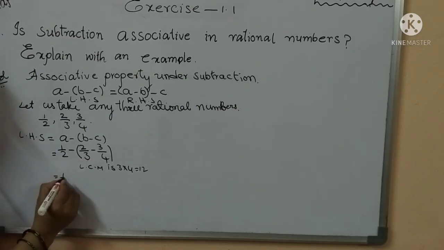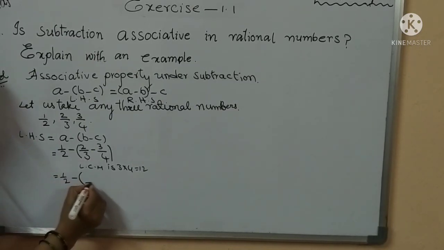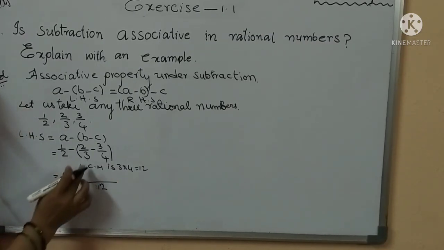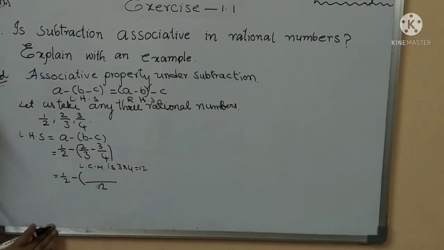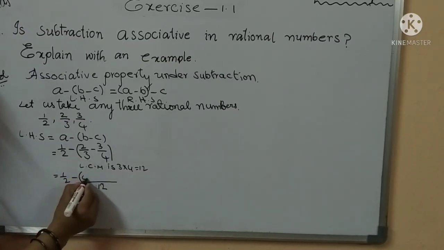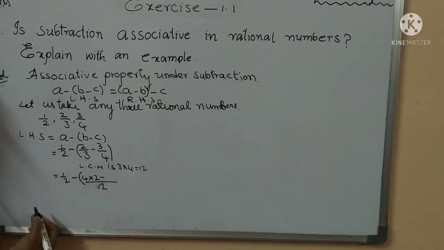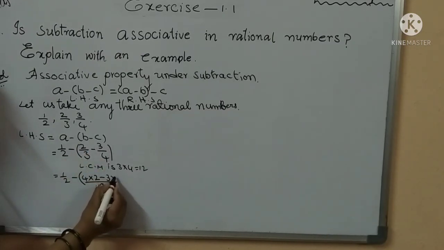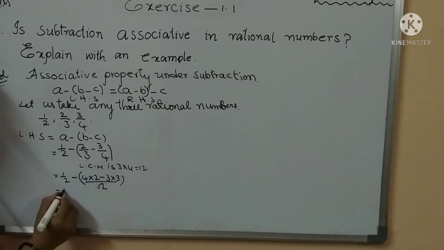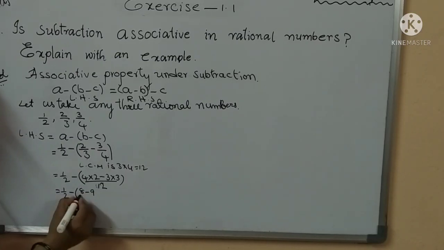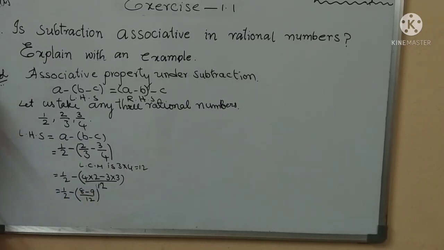So 1 by 2 minus, 3 fours are 12, 4 into 2, 4 twos are 8, minus 3 threes are 9, over 12.